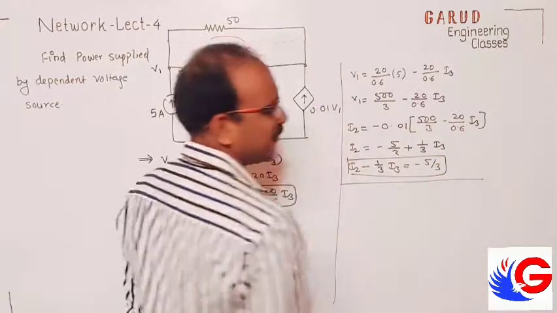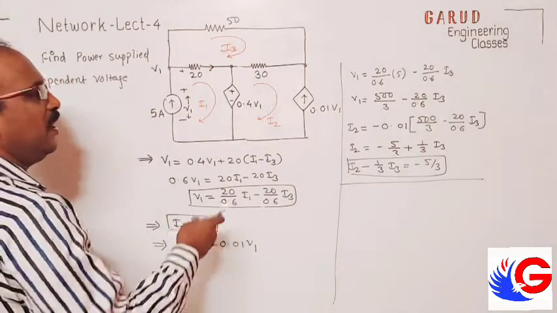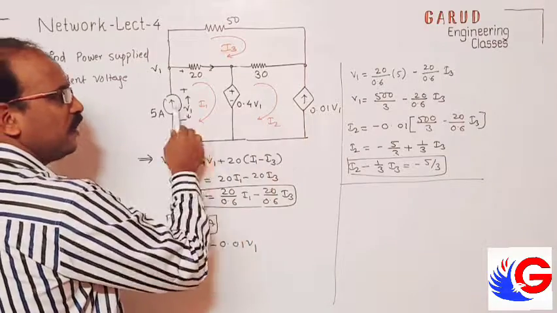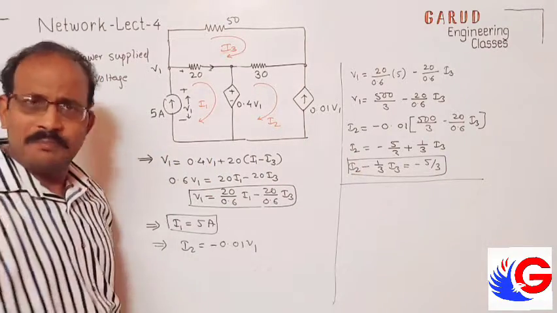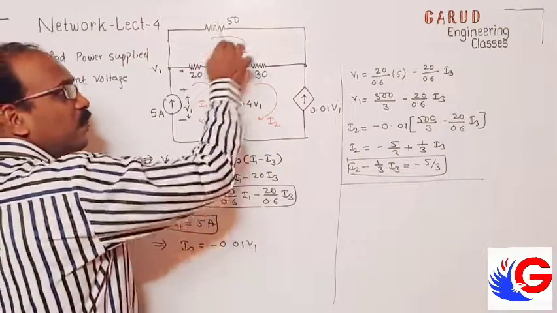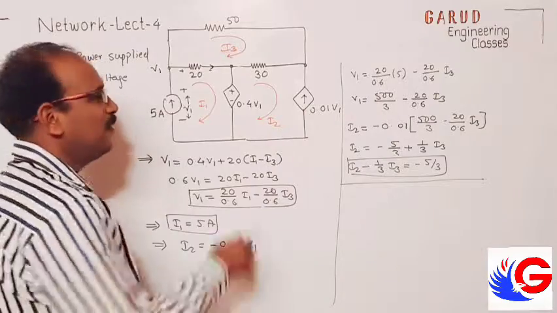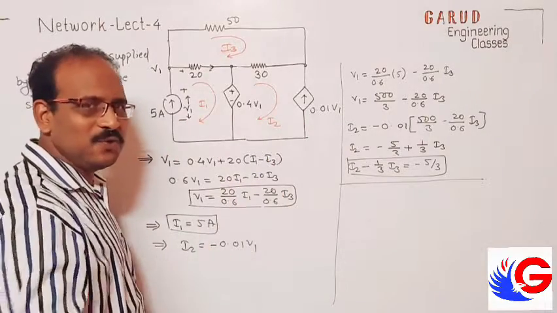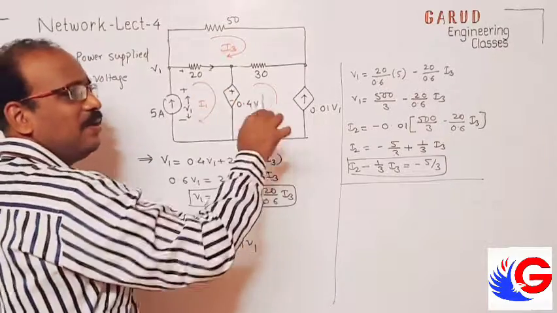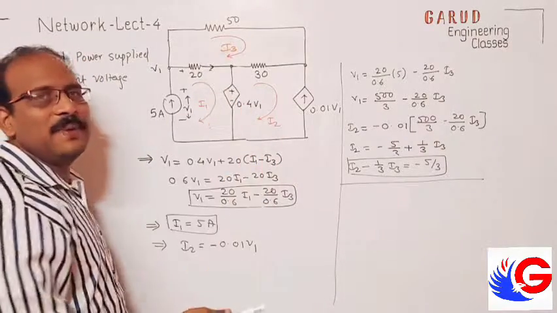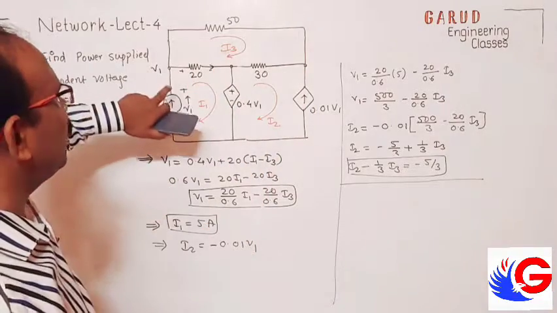Now what next? What is the rule for KVL? If there is a current source, express that current source. I expressed it and put it in, that's all. Now we require one KVL because there are 3 loops. 2 current sources, so 3 minus 2, only one KVL is required. But while writing KVL, we don't have to travel in the path of a current source. So this is the only path, and I can write the ordinary equation for this.